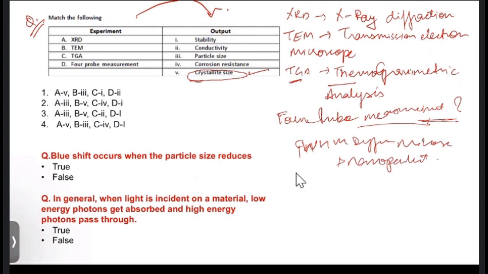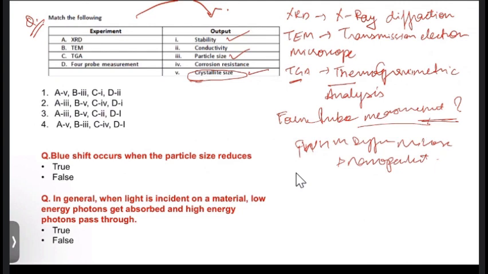That is because of crystallite size. TEM: what question will TEM answer? It will answer the particle size of the material. TGA: it is related to temperature. It will tell about the stability up to that particular temperature we want to test.